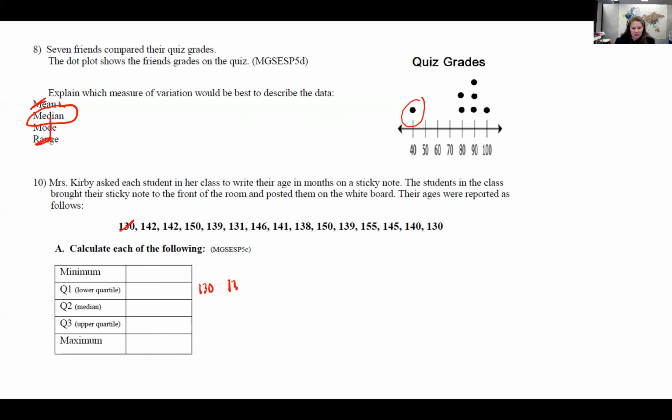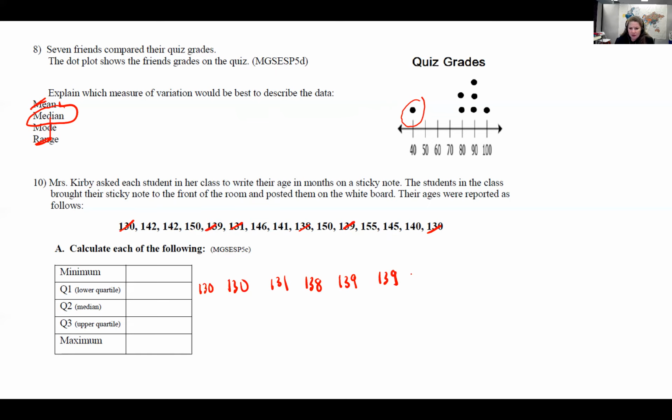130, is that the lowest number? Y'all have already done this. I hope. You better have. 131. Oh goodness. 138. 139. Are there two of those? 139, 139. That one and that one. All right, do we have a 140?